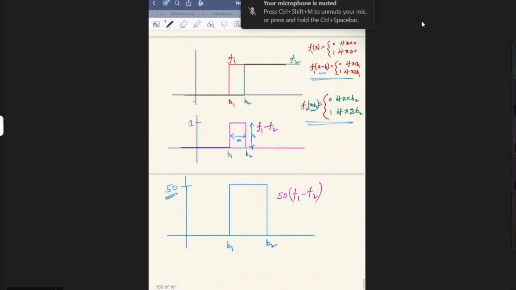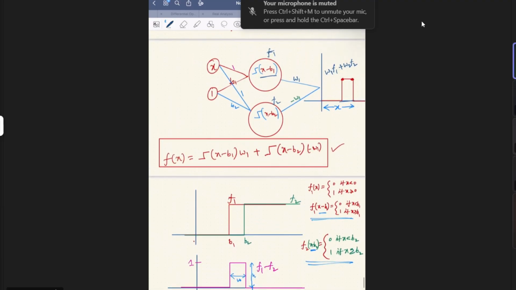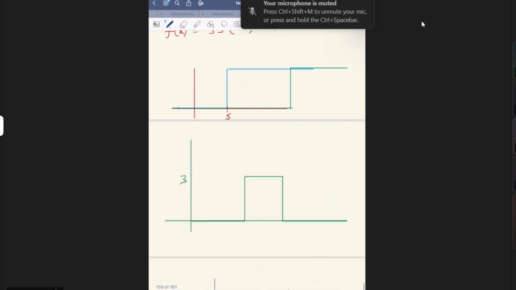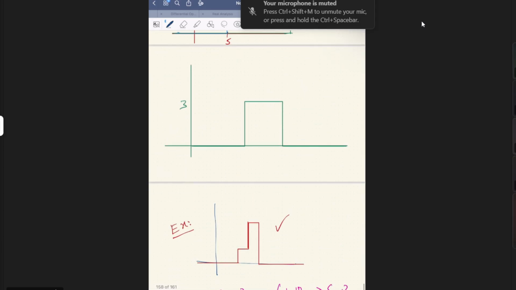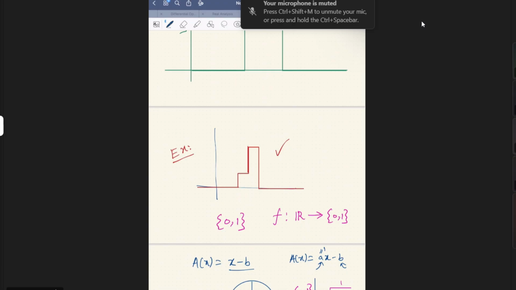I want a single hidden layer. Okay, sir. Single hidden layer structures. Now with the single hidden layer structure, how many neurons are required to produce this one?